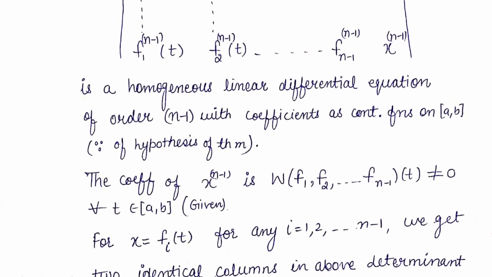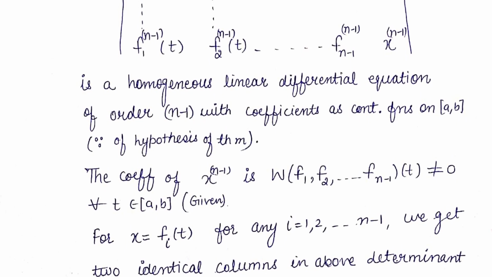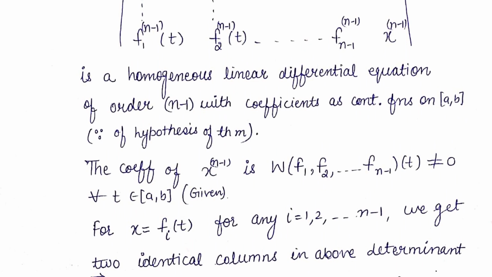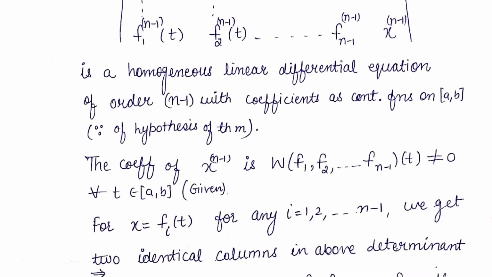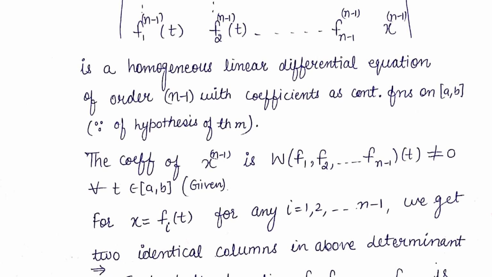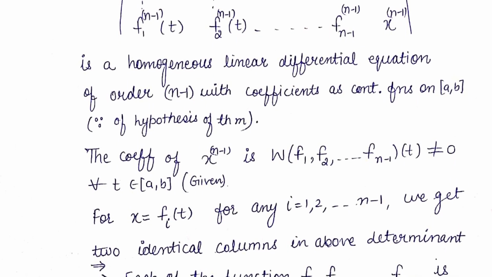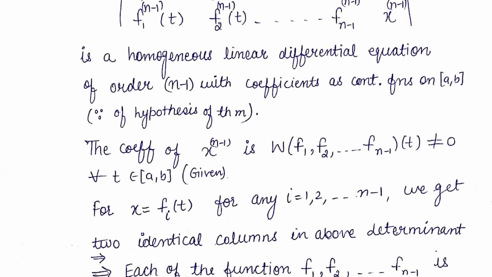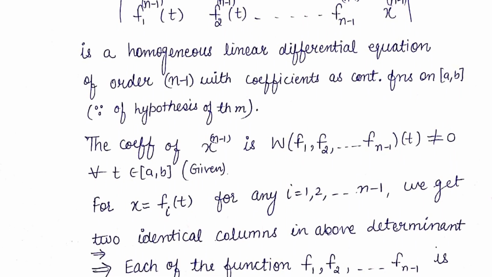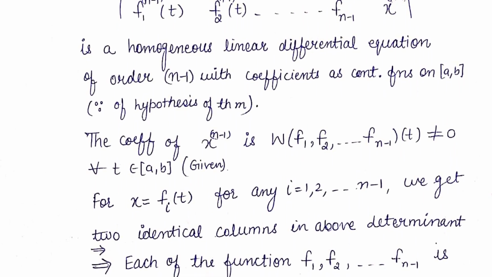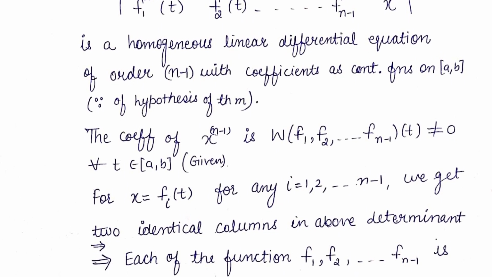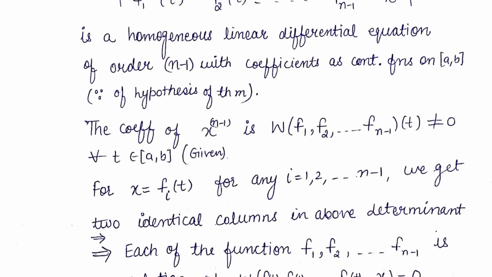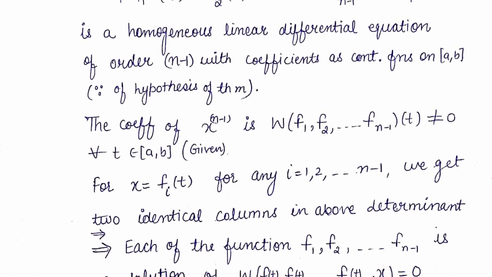And if we substitute all these in the above determinant equation, we get that two columns, namely the first and the last column, are identical, and hence the determinant becomes 0, and therefore the determinant equation is satisfied for x equal to f1(t). In a similar way, we can show that when you put i equal to 2, the two columns, namely the second and the last, are identical.